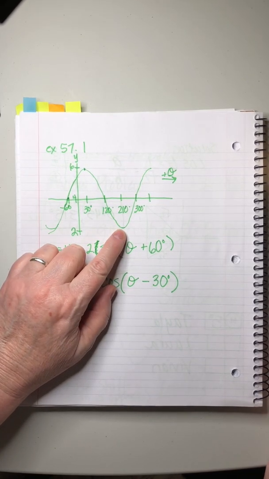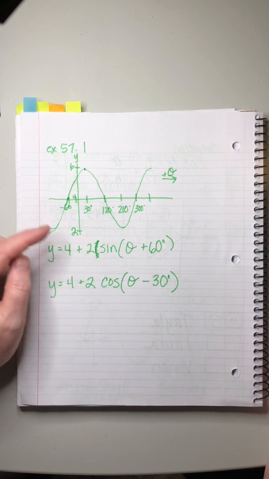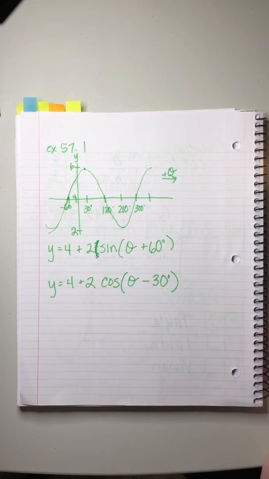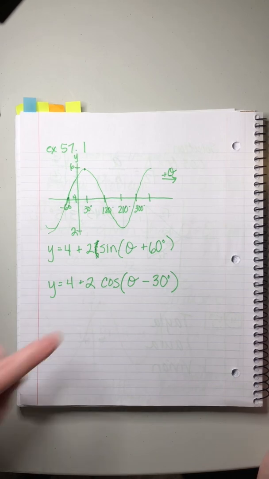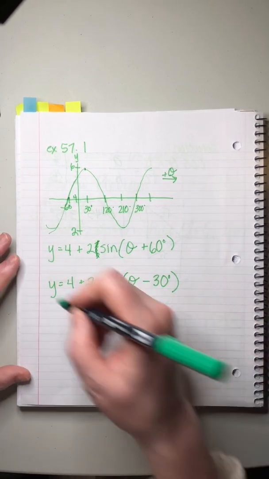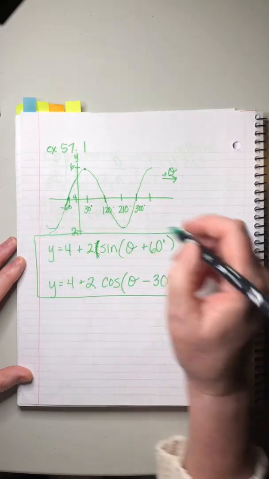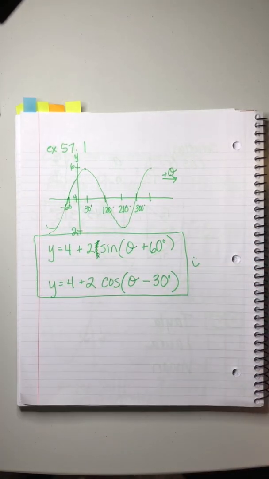You could write it as a minus sine curve or a minus cosine curve, but normally we wouldn't want to do that. We'll just assume that we want to write it as positive. So these are the answers to this example. Beautiful, right? Okay, let's do another one.